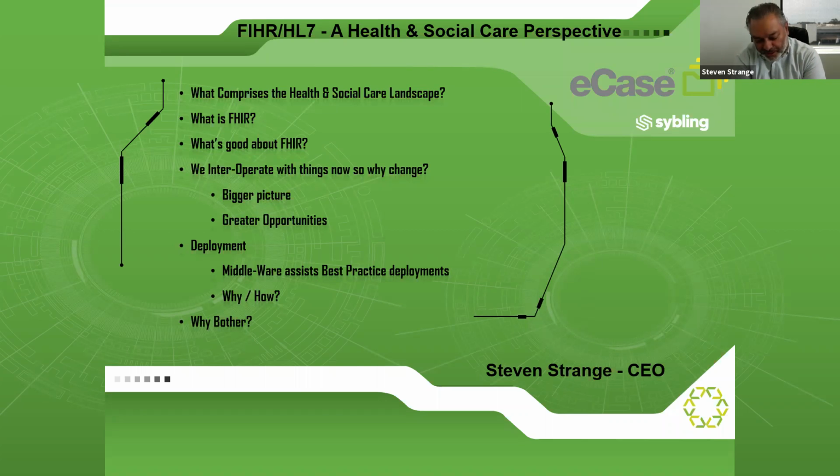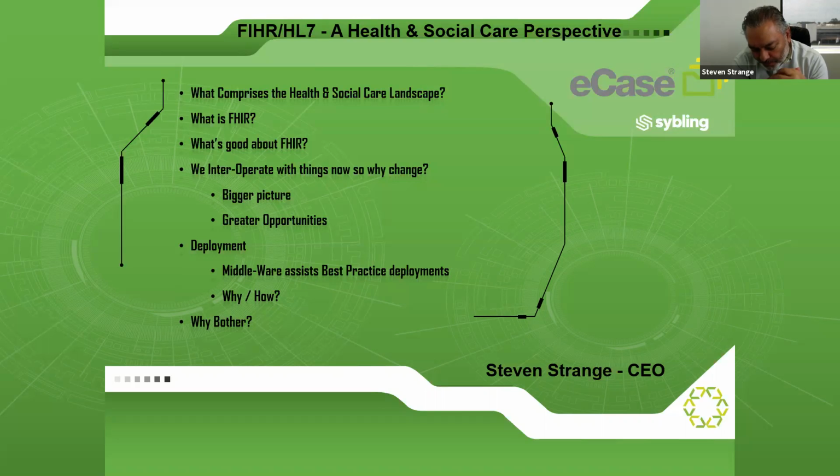These words like ecosystems and interoperability seem to be popping up a lot lately, and it's really, I think, a failure of the industry we're most familiar with, as well as others, to embrace interoperability. We know what FHIR is, we know what's good about it, and yet in our space of health and social care, it's really not raised its head.